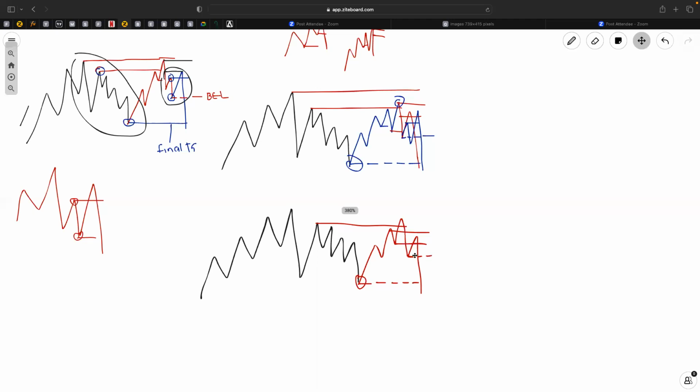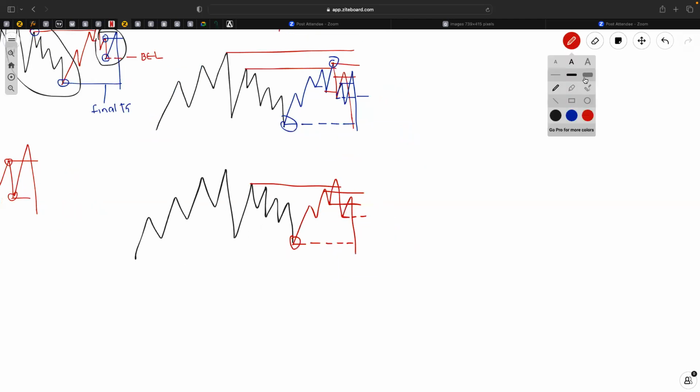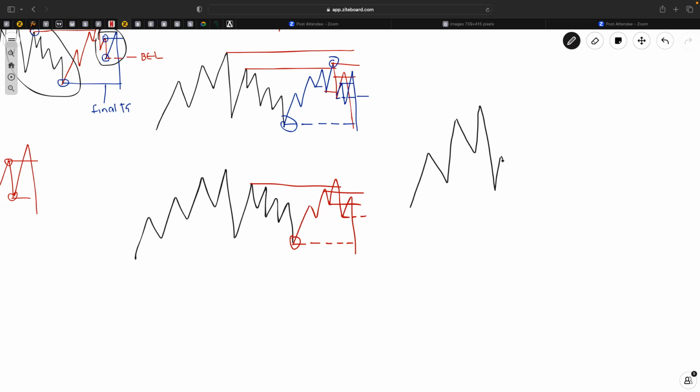So now, the final one is this, which is candle confirmation entry, which is high, low, high, low, high, break of structure, then inducement.